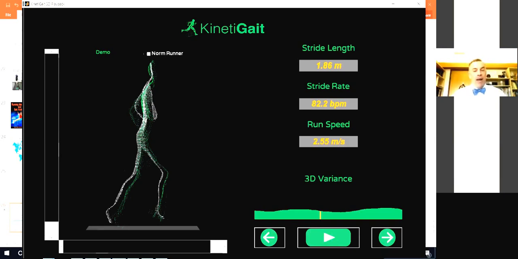However, if I take a step back, let's talk about foot pronation just for a moment. Within the scientific literature, you can find probably a handful of articles that will say that excessive foot pronation or rear foot eversion is a causative factor of running injuries. But you can also find a handful of articles, just as many, that say reduced foot pronation is a contributing factor to running injuries.